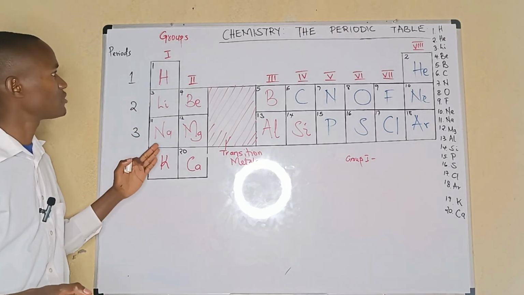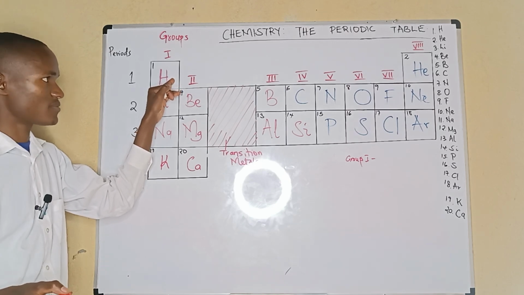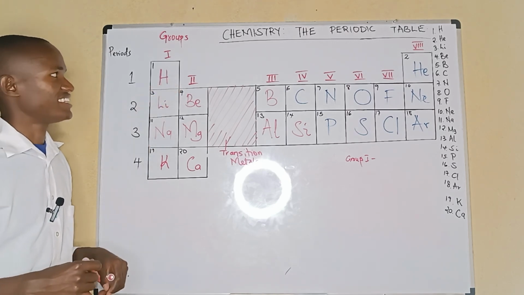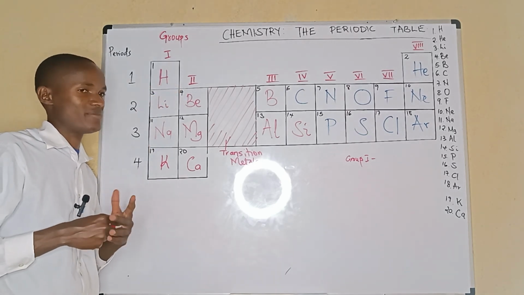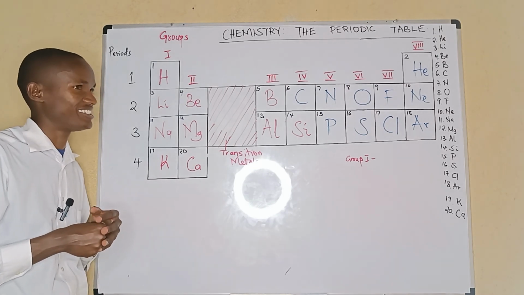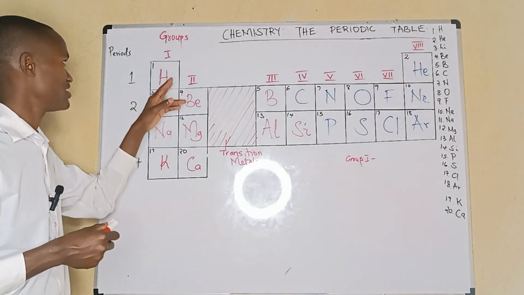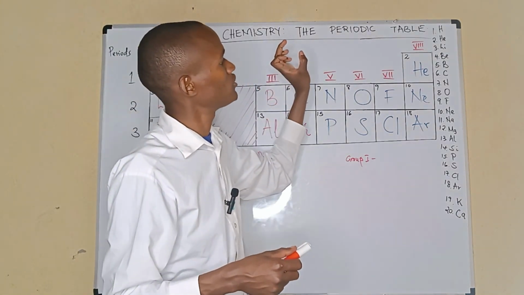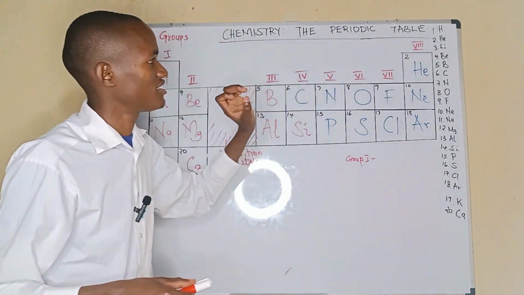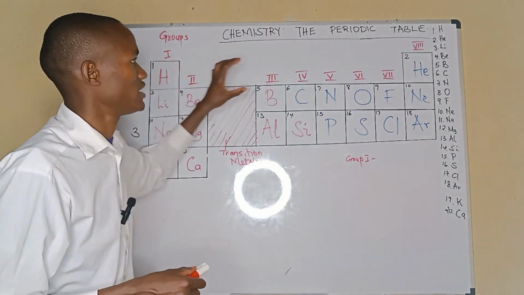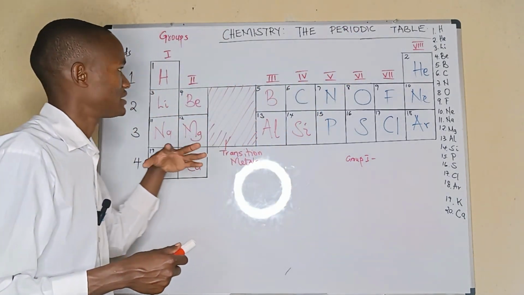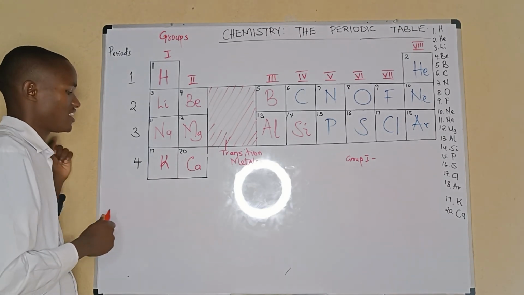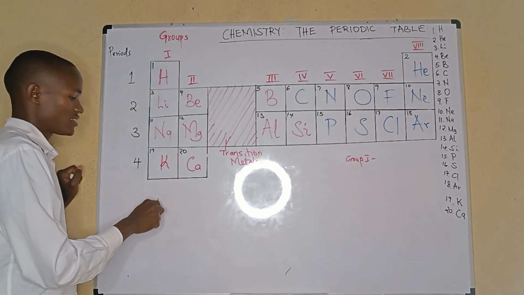And speaking about this, hydrogen is exempted. Okay, hydrogen is the most abundant element in the world. Hydrogen. Yes. And this hydrogen can be placed in either group 1 or in group 7. Maybe as you study, you can see that hydrogen is atomic number 1.